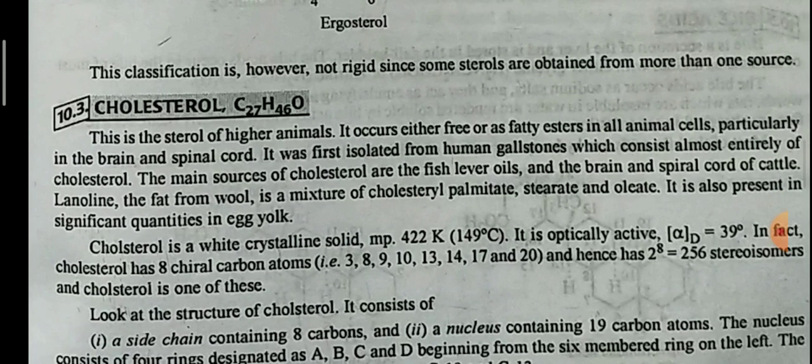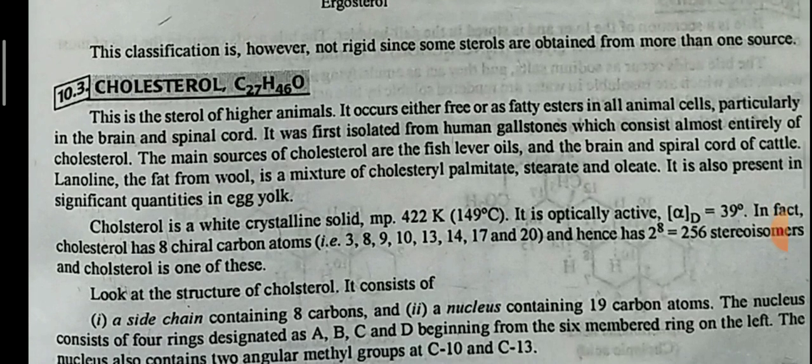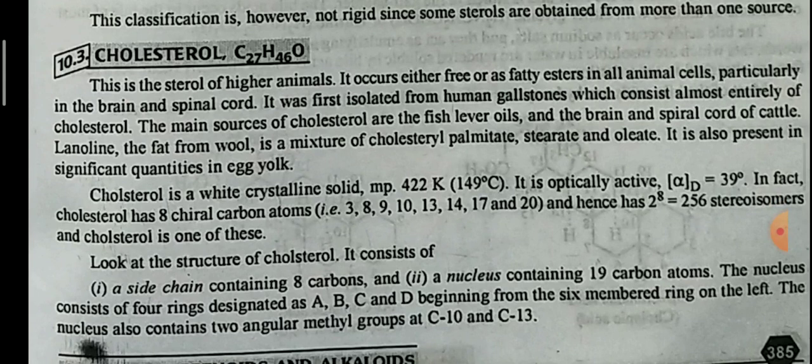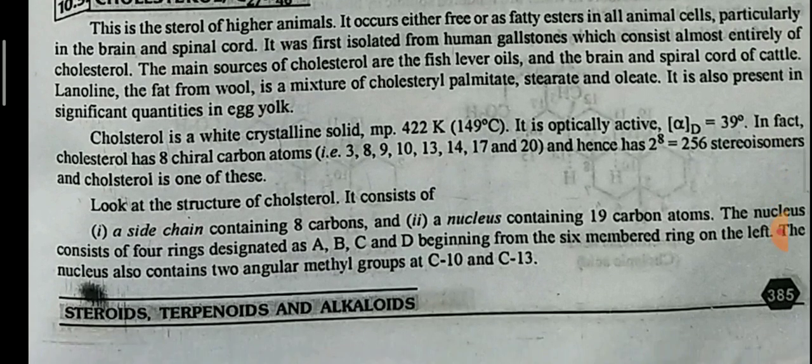Cholesterol is a white crystalline solid, melting point 422 Kelvin, 149 degrees Celsius. It is optically active and its angle of rotation is given as 39 degrees. In fact, cholesterol has 8 chiral carbon atoms: 3, 8, 9, 10, 13, 14, 17, and 20, and hence has 2 raised to power 8 equals 256 stereoisomers, and cholesterol is one of these.